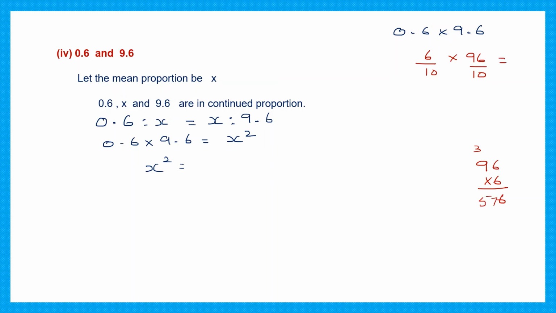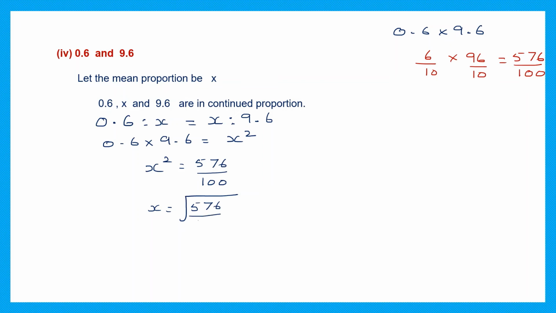So my numerator is 576. Denominator 10 into 10 is 100. So x squared is 576 by 100. How much will x be? x will be equal to the square root of 576 by 100.